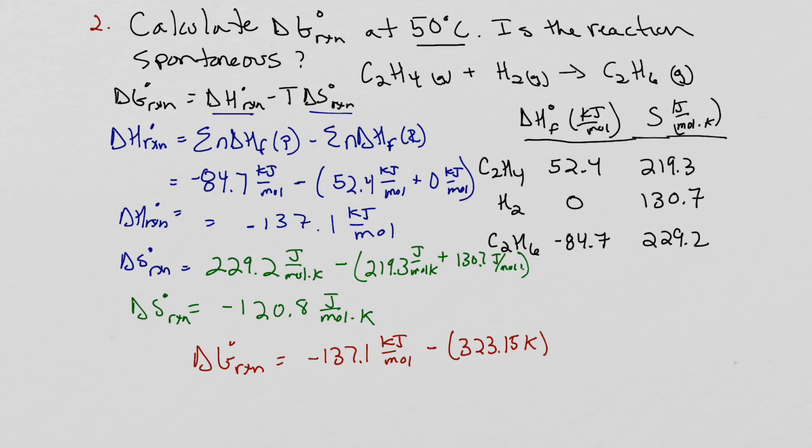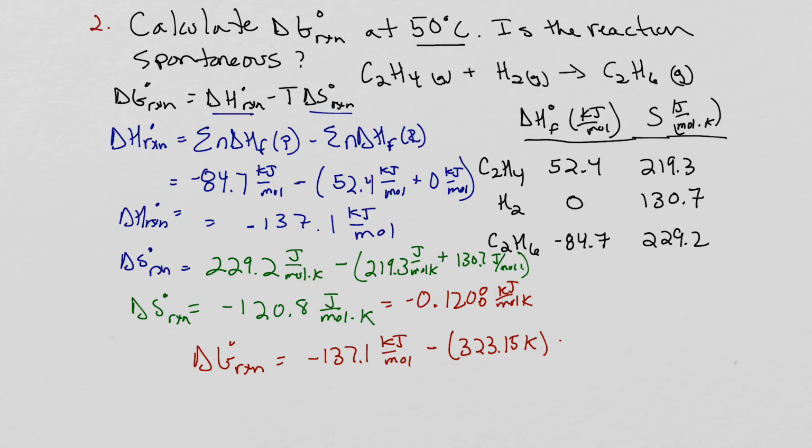my change in entropy. Now, one thing we always have to keep in mind is notice that my entropy values are in joules. So regardless of how I do it, both the delta H and the delta S have to be in the same units. Since I already used kilojoules for delta H, I'm going to convert this to kilojoules. That's going to equal a negative 0.1208 kilojoules per mole Kelvin.